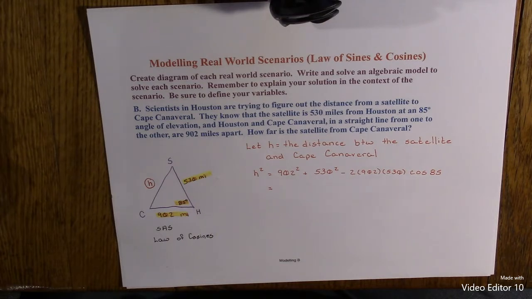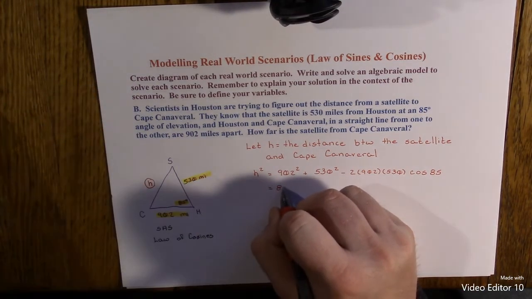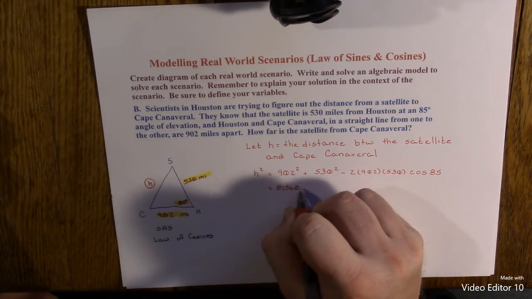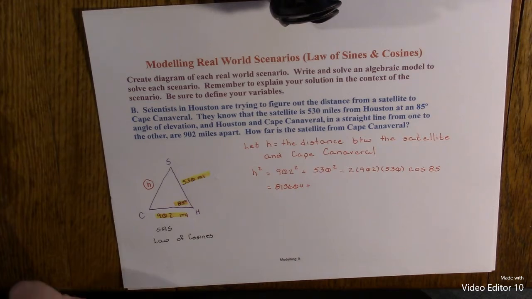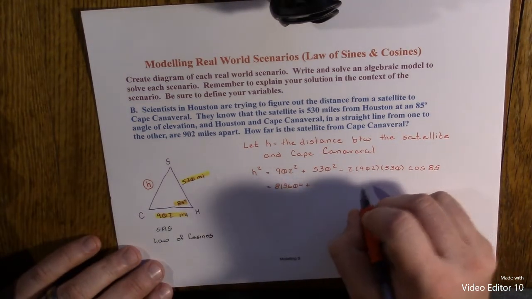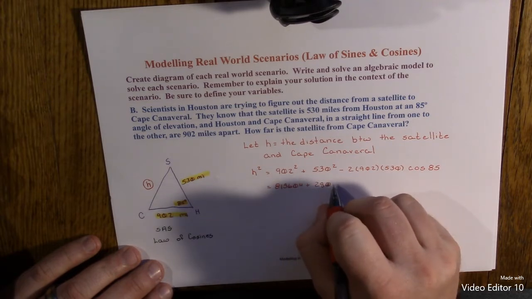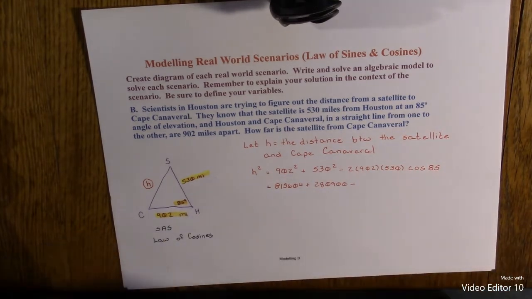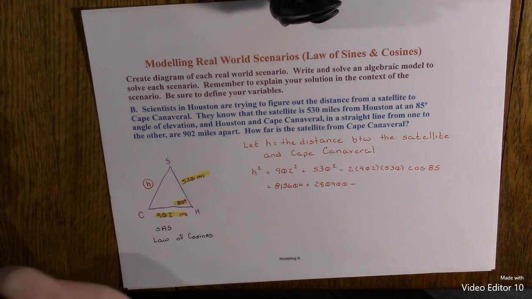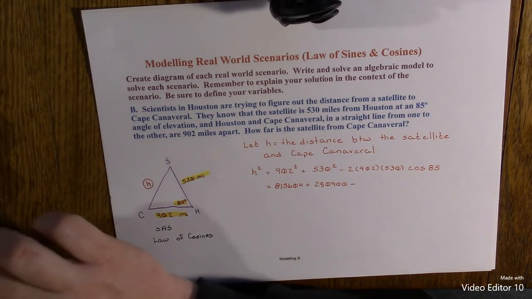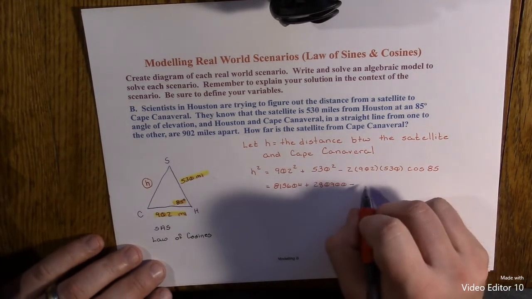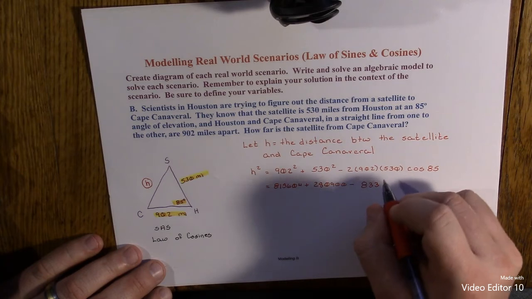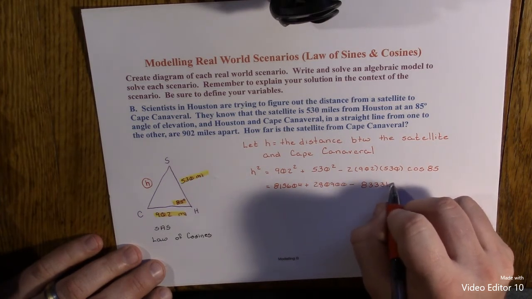So we know that 902 squared is 813,604 plus 530 squared, which is 280,900, minus 2 times 902 times 530 times the cosine of 85, which is approximately 83,331.3.